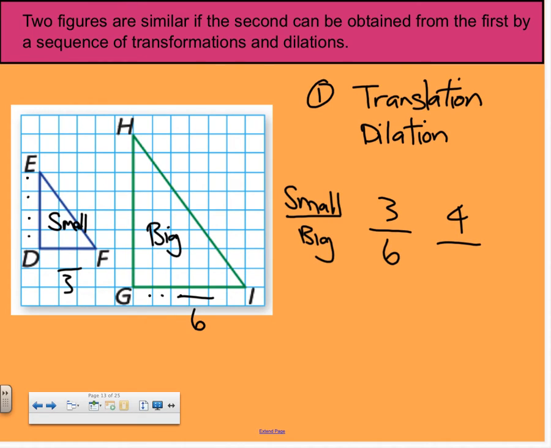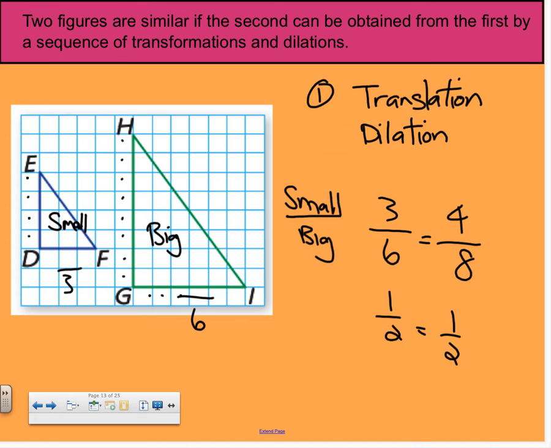And the corresponding side would be GH, and we have 1, 2, 3, 4, 5, 6, 7, 8. All right, now we want to determine, are these two equal? Yes. They are. 3 over 6 is the same as what? 1/2. And 4 over 8 is the same as 1/2. So these ratios are equal, so they are proportional, which means what?